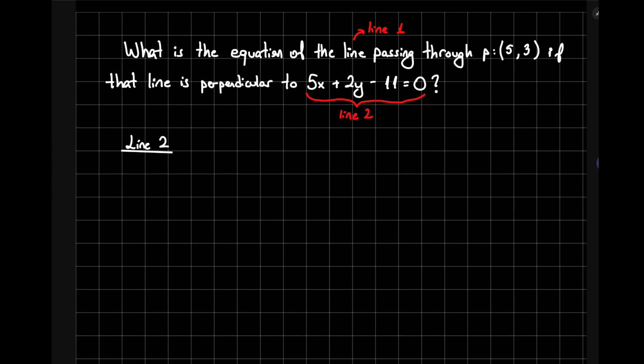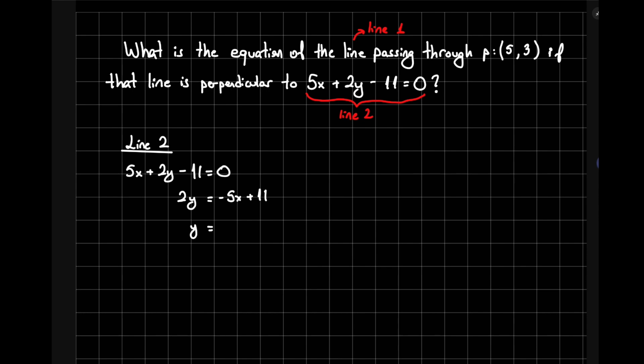First, I'm going to write the equation of this line again. 5x plus 2y minus 11 equals 0. Here, I'm going to leave y variable alone on one side of the equation. So 2y equals -5x plus 11. And I'm going to divide both sides by 2.